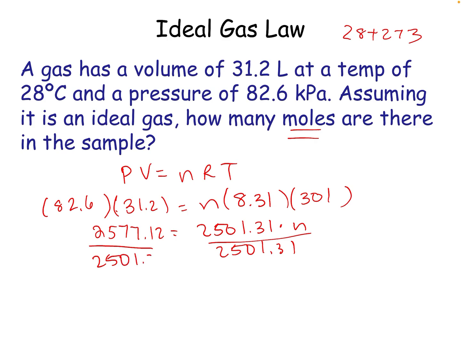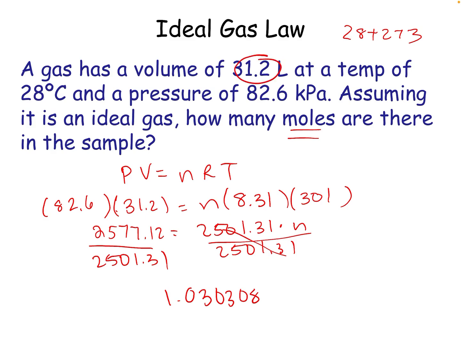Then we'll deal with sig figs in a minute. 2577.12 divided by 2501.31 gives 1.030308, and so on.